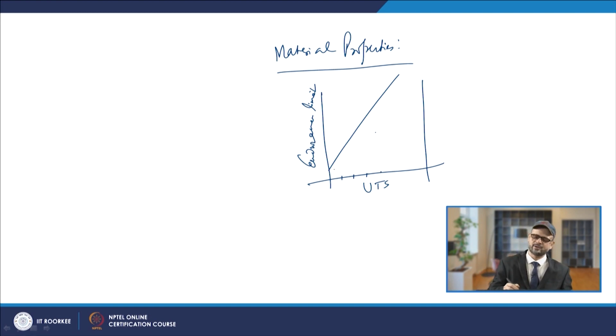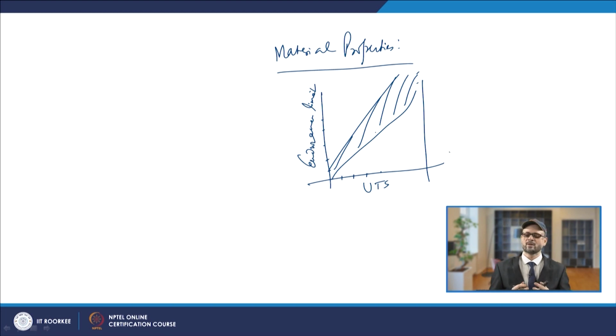The endurance limit will be nearly half of the UTS value when the surface is polished.